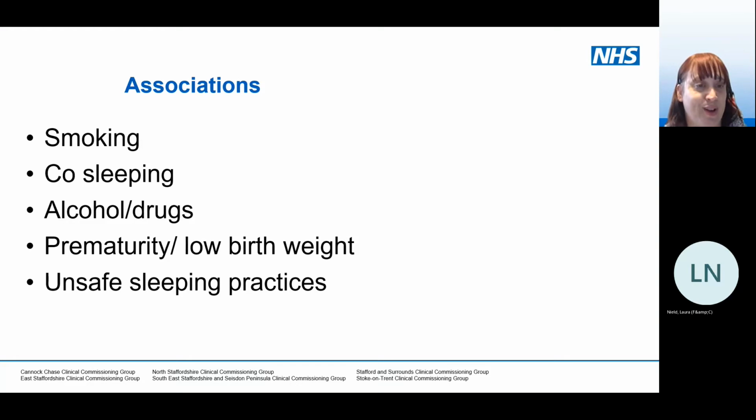So it's not a given. These are things that are associated with babies who do die of a sudden infant death, but it's not a given that smoking, co-sleeping, alcohol, etc. will go on to cause a sudden infant death. So that's why it's an association.